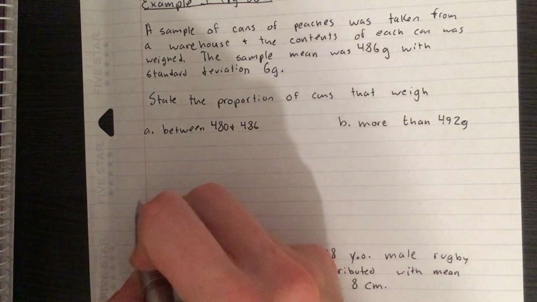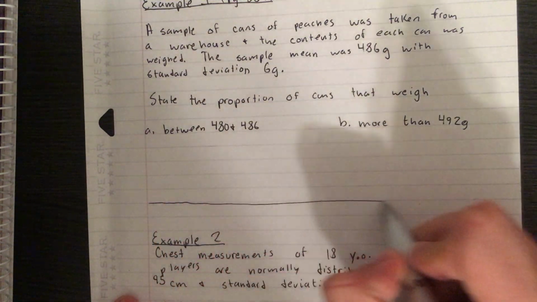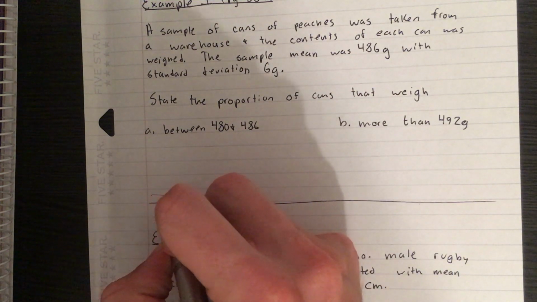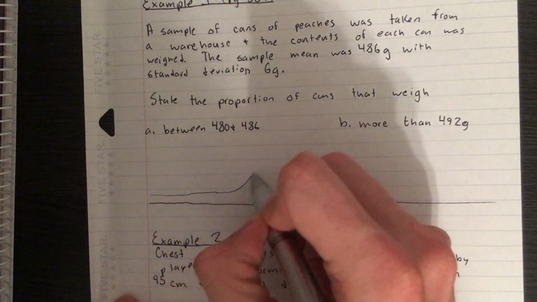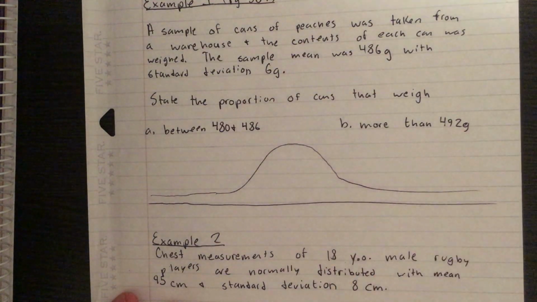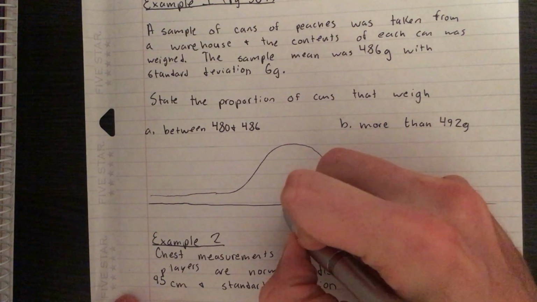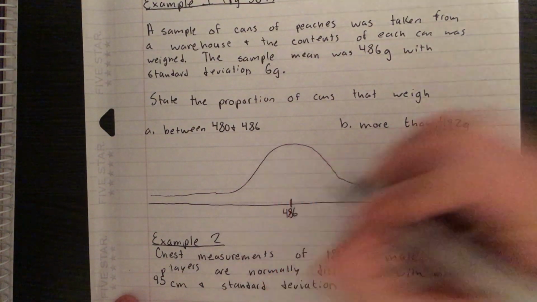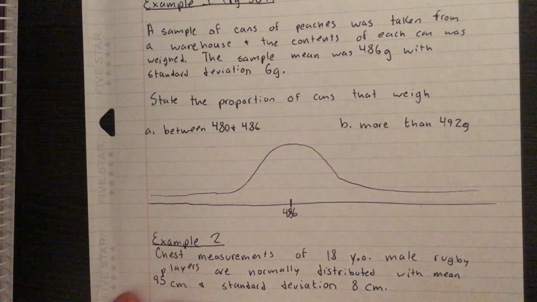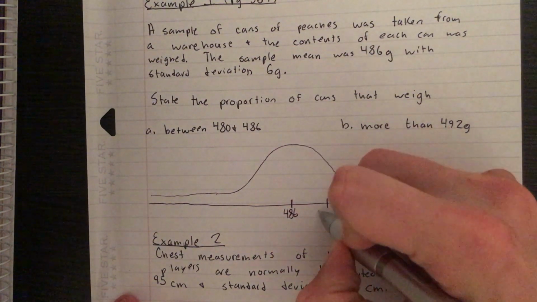Whenever you're dealing with a normal distribution, the very first thing that we're going to want to do is draw our curve. So here's our normal distribution. We've got the mean right smack dab in the middle of this thing. And each standard deviation is 6, so if we go to the right, we add 6 to it.